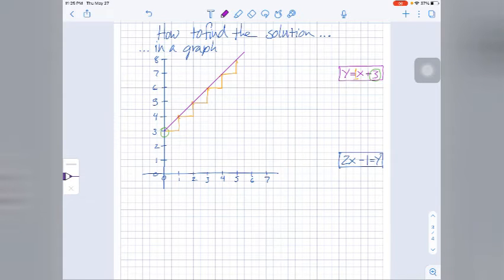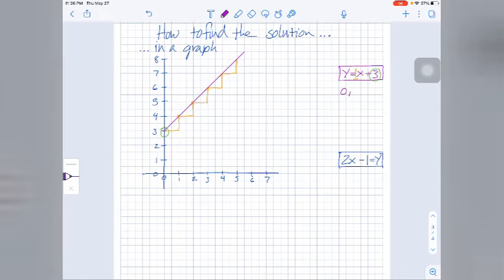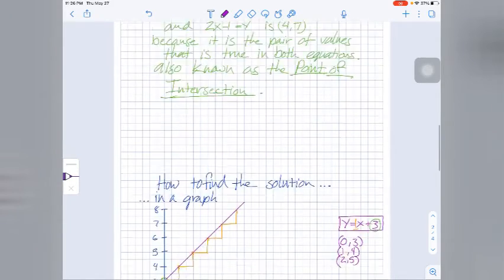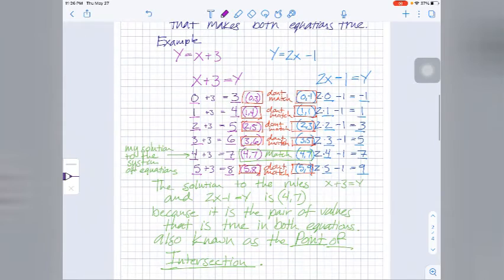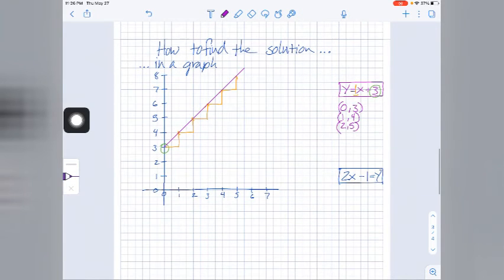When x was 1, y was 4. When x was 2, y was 5. We have all of that information right here. It's the same set: 0 and 3, 1 and 4, 2 and 5, and then 3 and 6, 4 and 7, 5 and 8. When x is 3, y is 6. When x is 4, y is 7. When x is 5, y is 8.